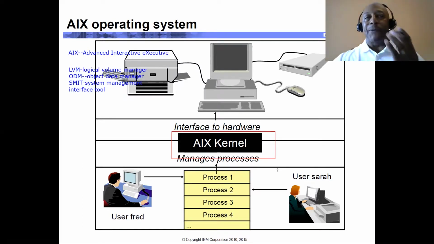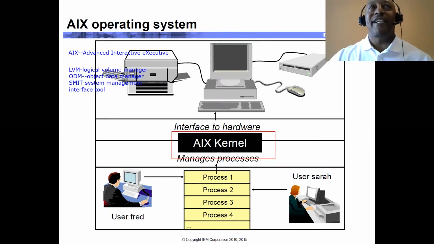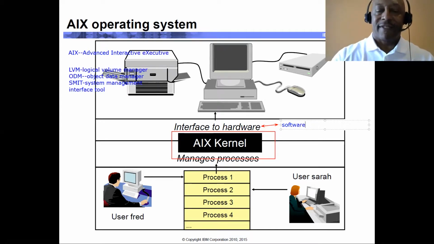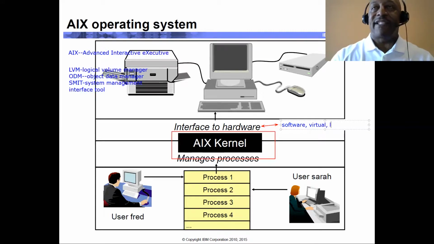So with the kernel being the heart of the operating system, the actual kernel is the interface to the hardware. But it's also the interface to the actual software, and also virtual devices and logical devices.